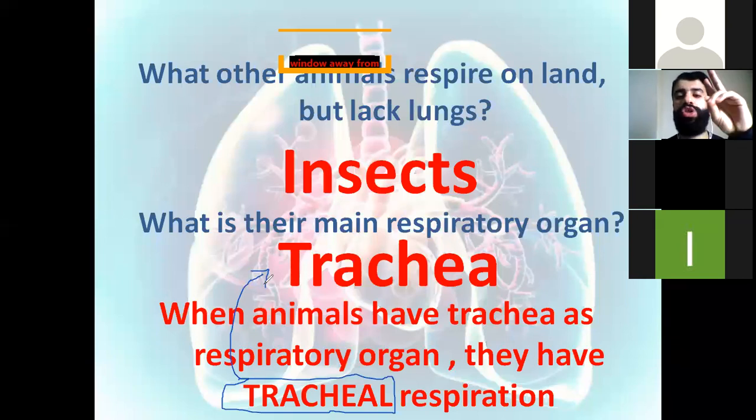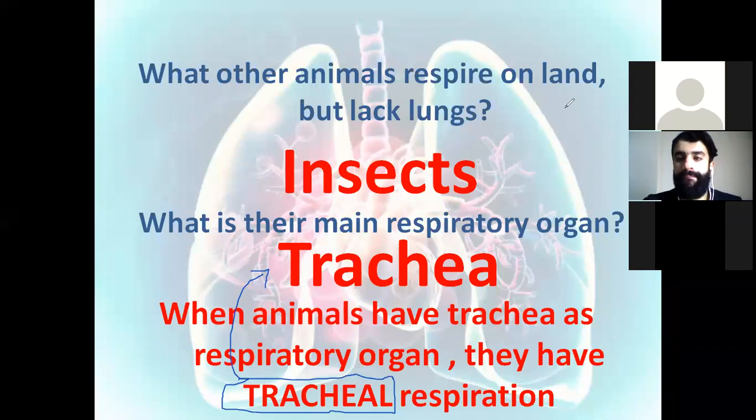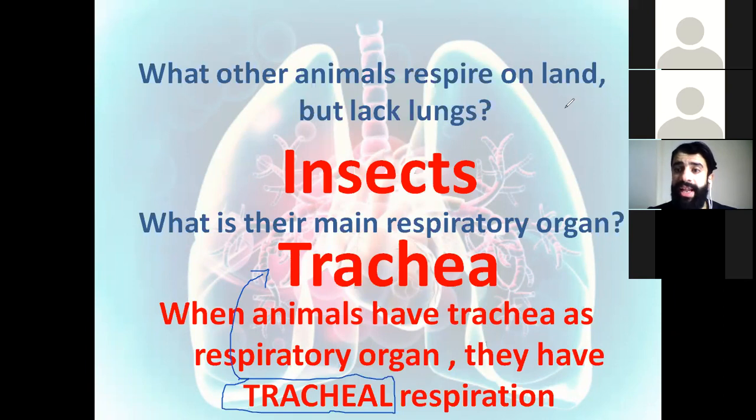Who can give me the two different types of respiration that we studied till now? Okay, Sari, can you tell me the two different types of respiration? The first one is tracheal respiration, whenever we have the trachea. What do we call the second one?